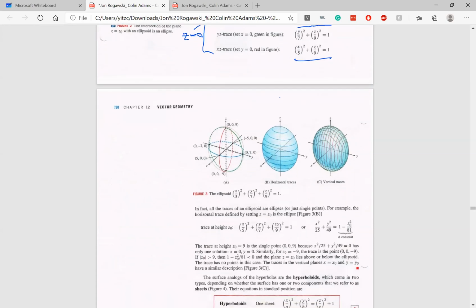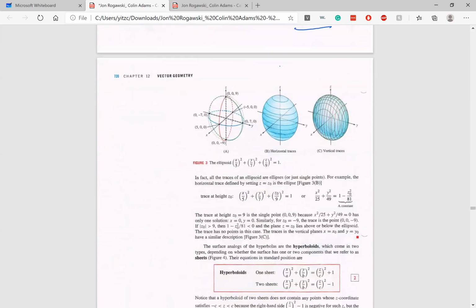So here they're showing you the different ellipses that come out. This one is 5 and 9.